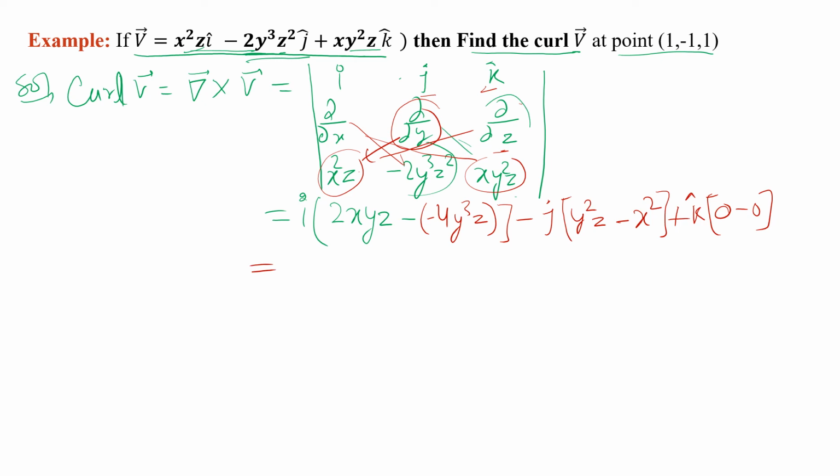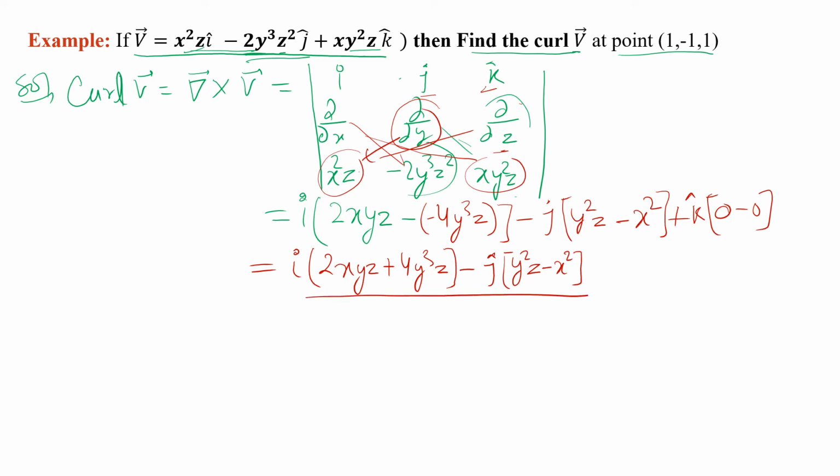Now we simplify that equation. So we write i (2xyz plus 4y cube z) and minus j (y squared z minus x squared).